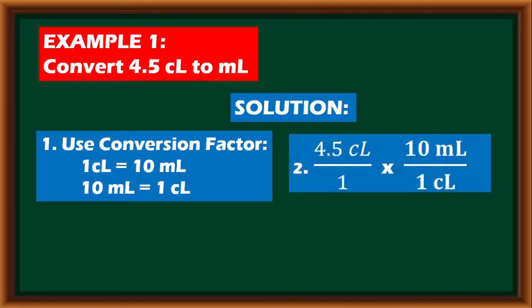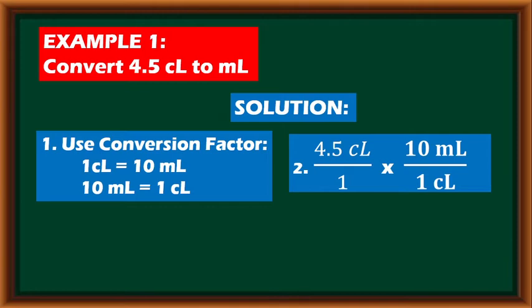So from the given, 4.5 centiliter, you're going to make it into a fraction. Take note that 4.5 centiliter has a denominator of 1 multiplied by the conversion factor. Yung centiliter natin doon sa 4.5 ay nasa numerator.